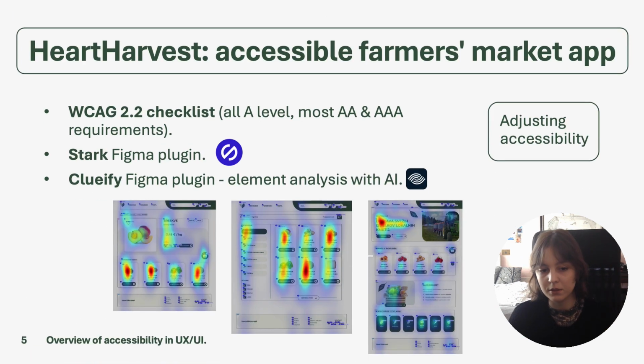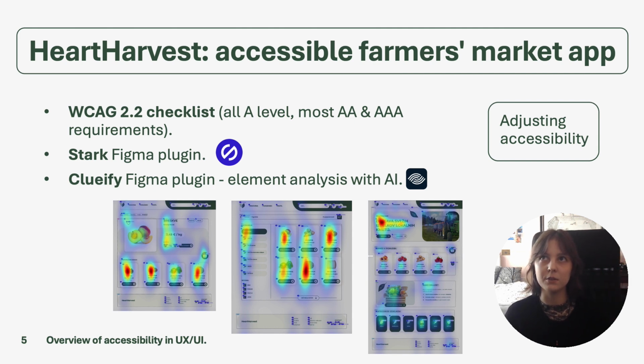The last step in the process of designing an app was checking how well the app meets accessibility standards. So I ran through the checklist that I wrote, and I figured out that my prototype meets all A-level guidelines, most AA, and also most AAA requirements. A plugin that helped me a lot in Figma was a plugin called Stark.